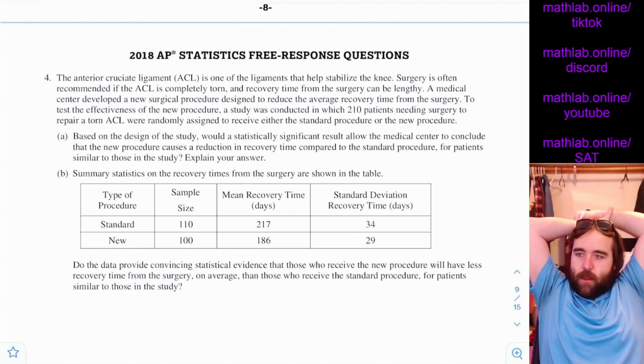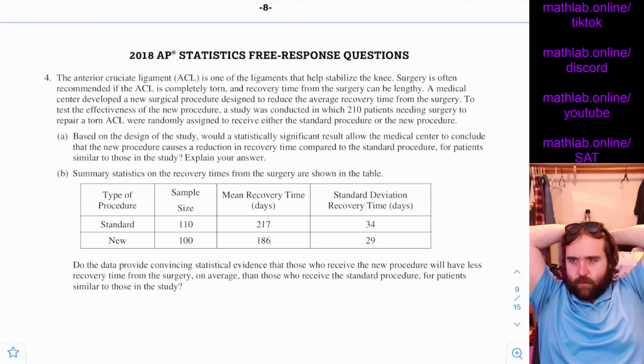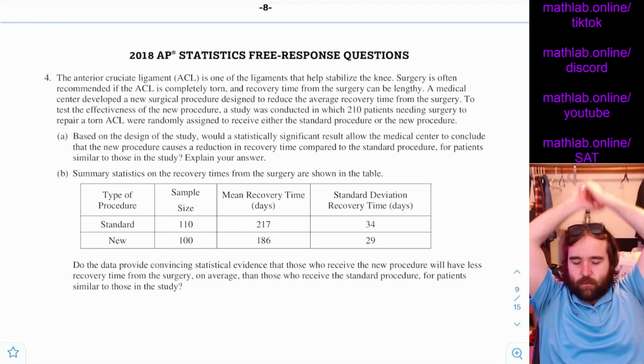Yeah, right? A medical center developed a new surgical procedure designed to... in which 210 patients needing surgery to repair a torn ACL were randomly assigned to receive either the standard procedure or the new procedure. Yes.